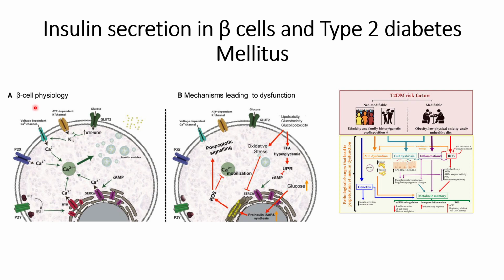So let us start with the normal functioning of beta cell, or beta cell physiology. What happens when the glucose level is high in the blood vessels?